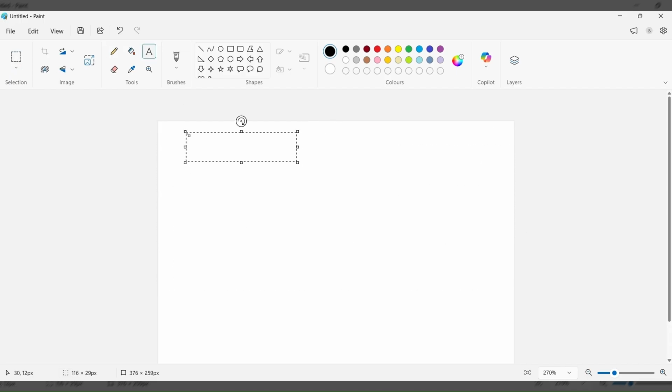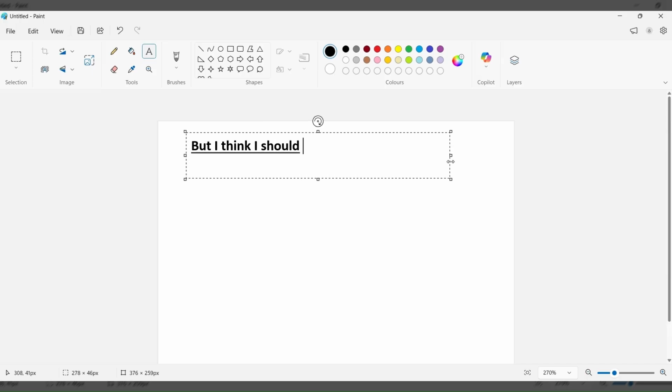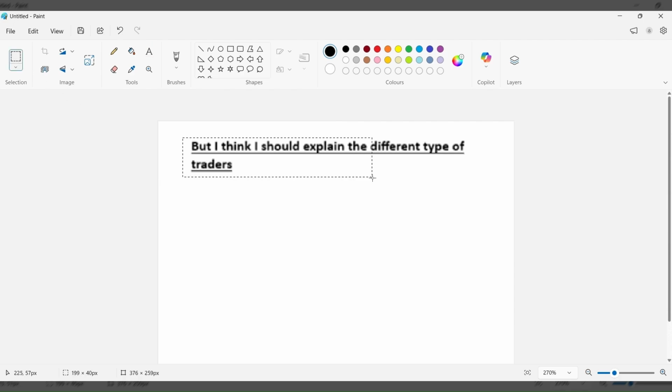But I think for now I should explain the different types of traders after explaining the concept of time frames. We have four major types of traders.